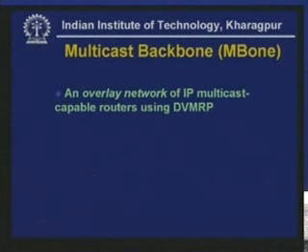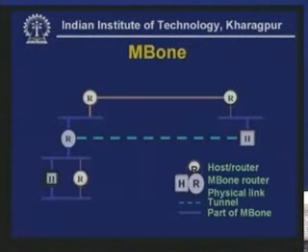What does that mean? That means some of the routers in the network, in some places, are multicast capable, and they are going to support multicasting in their own locality. That means it will support multicasting amongst the networks to which they are directly connected.